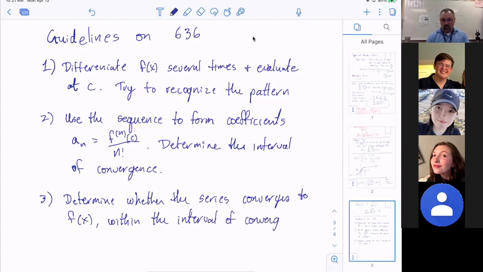We don't much care what happens outside the interval of convergence.